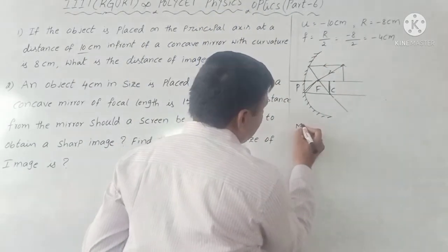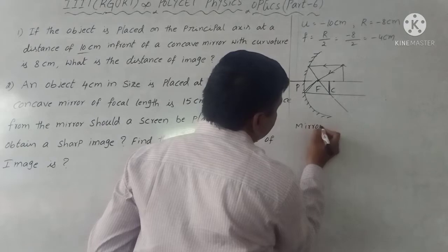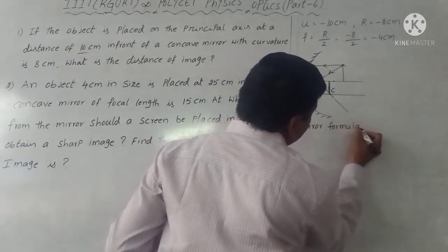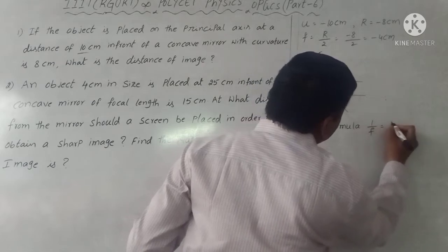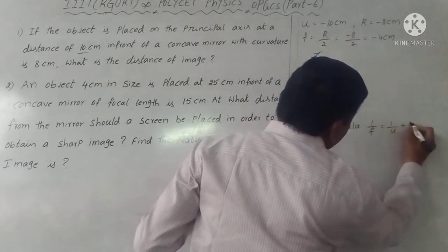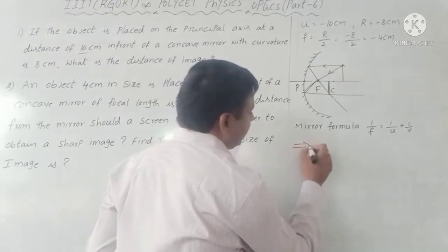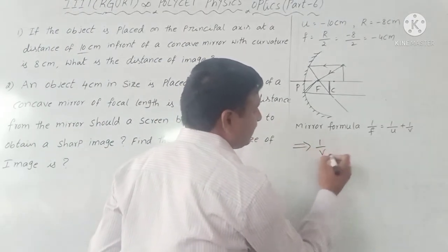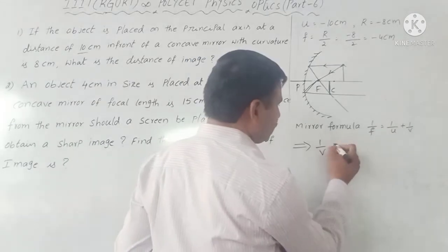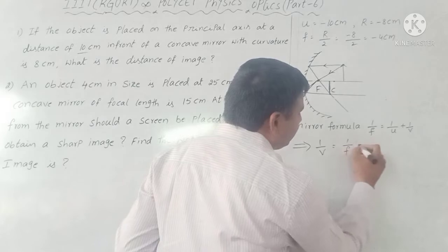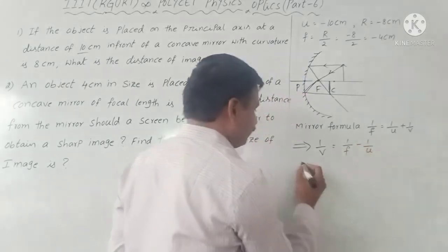According to the mirror formula, 1 by f is equal to 1 by u plus 1 by v. Here 1 by v is equal to 1 by f minus 1 by u; we find the image distance.